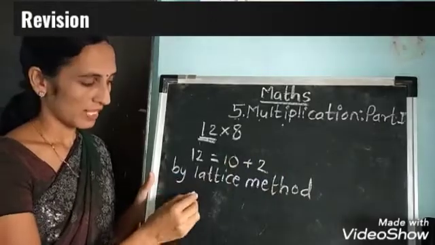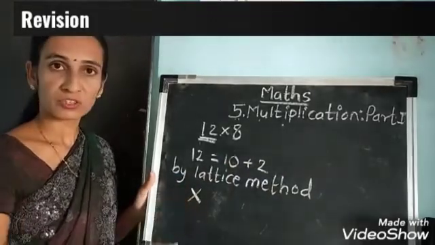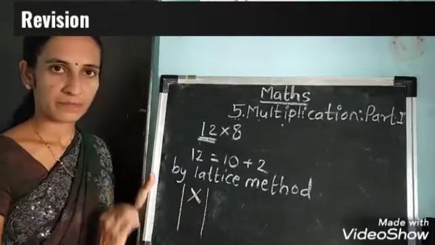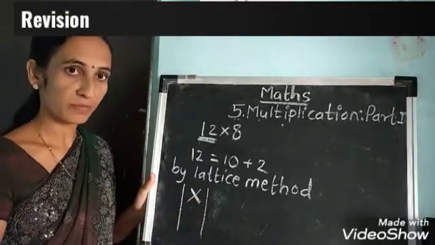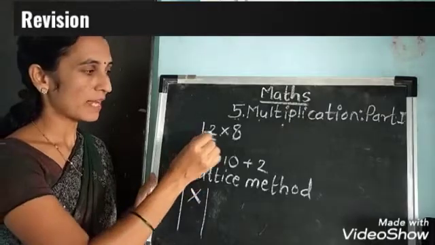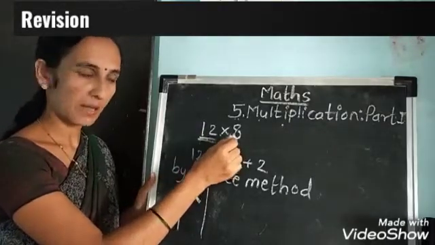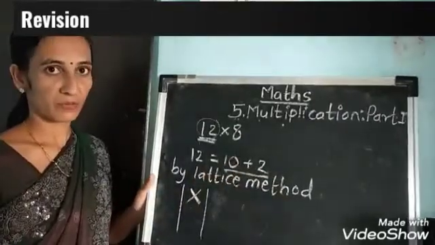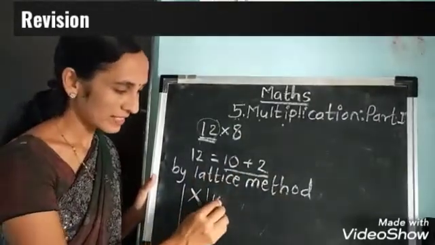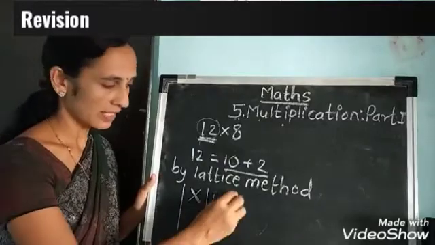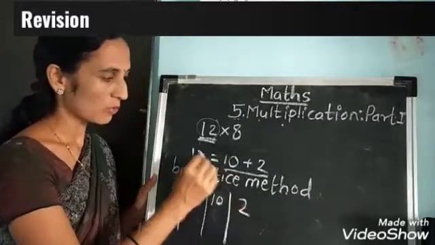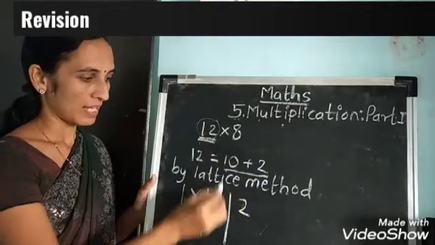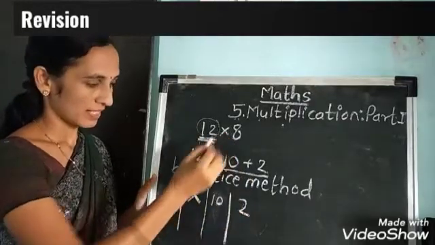First, make boxes. This cross shows expanded form. How many boxes do we have to make? Our example is 12 multiplied by 8. Instead of 12, I am going to use its expanded form. So here 10, and here 2. Now 12 is finished.